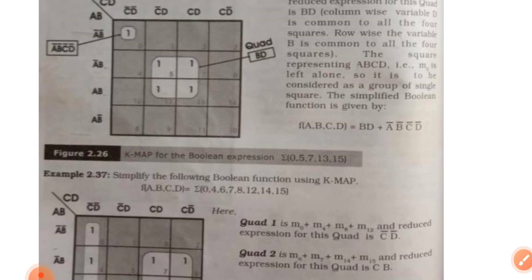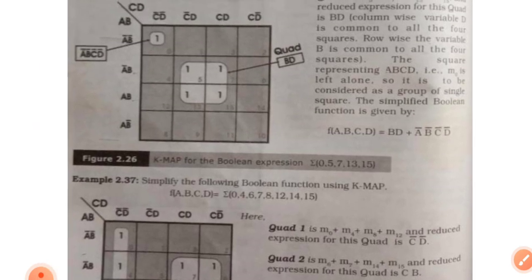In the 4 variables, we have studied the sum of products. Boolean function using the K-map, simplify that one.